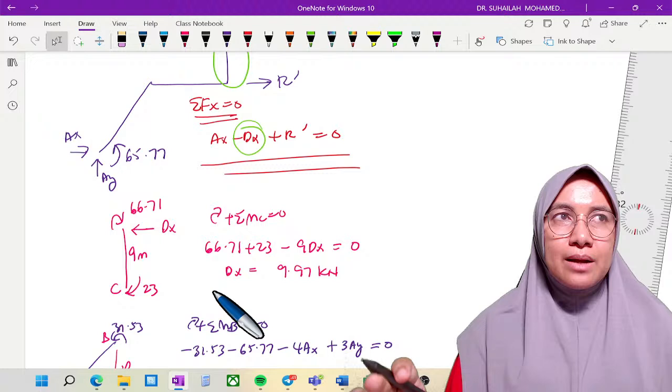DX we get 9.97, minus negative 26.46, so we get 9.97 plus 26.46, which is 36.43 and it is positive.